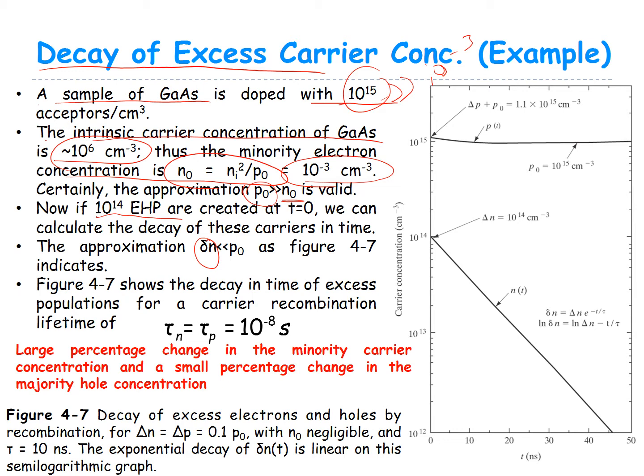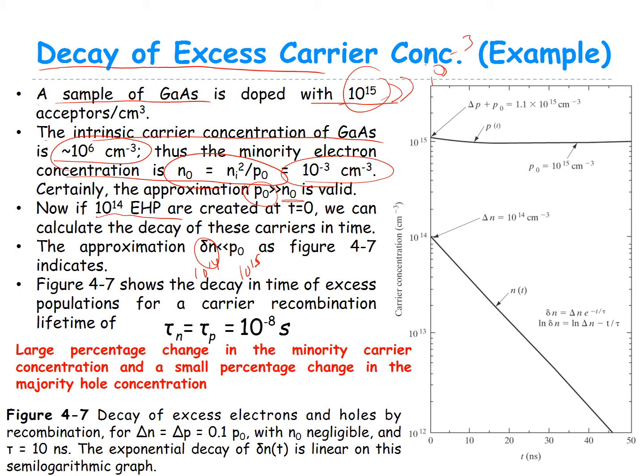Remember, in this case, your delta n is 10 to the 14 and your p naught is 10 to the 15. So indeed, p naught is much greater than delta n.